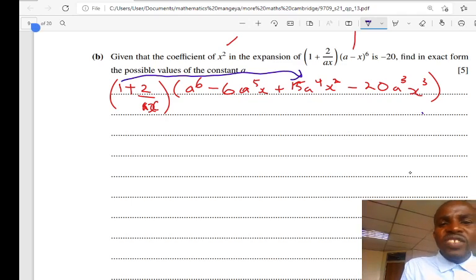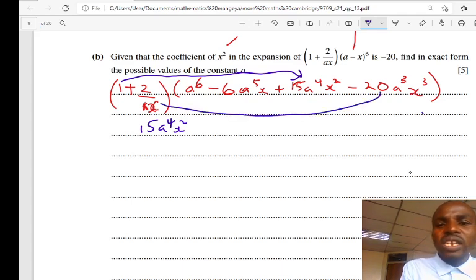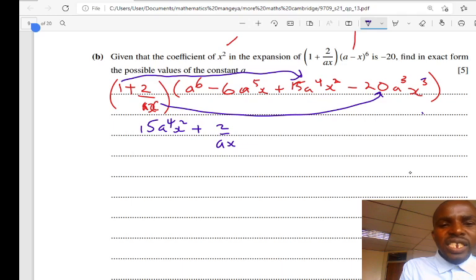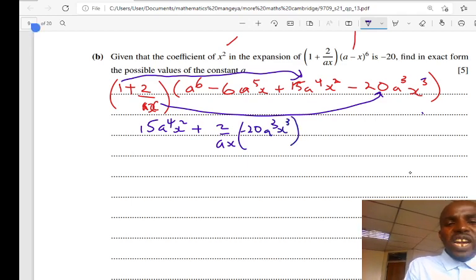So you can say 1 times 15a^4, you get 15a^4x squared, right? Then after that, this one and this one can give us x squared, since this one is x cubed. So it will be plus 2 over ax times minus 20a cubed x cubed. Let's simplify. These are the terms that can give us a term in x squared.